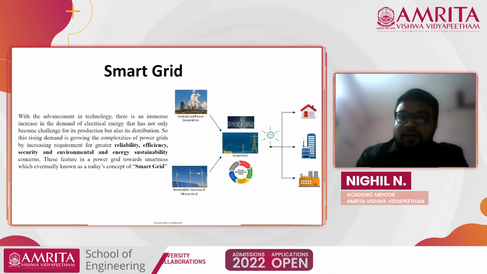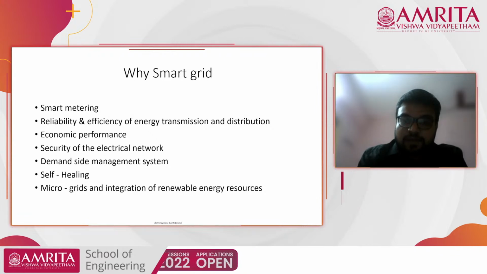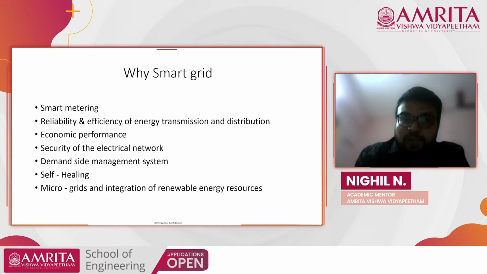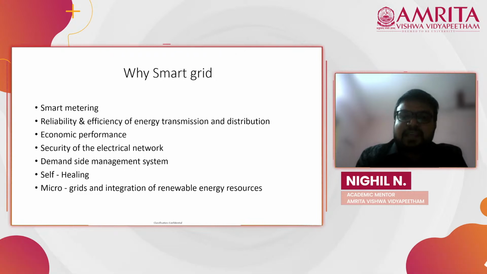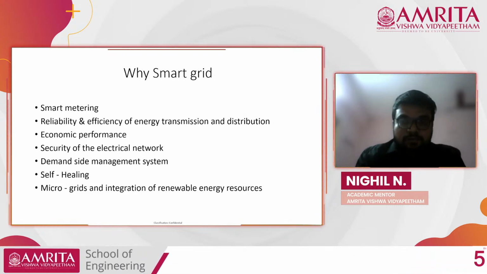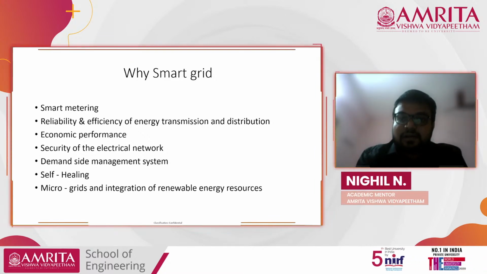So in smart grid, we are going with smart meters, and smart meters will run this smart grid system so that we can fetch information and details in a smarter way, and we can program the system easily, and distribution and transmission will be done in a smoother way.